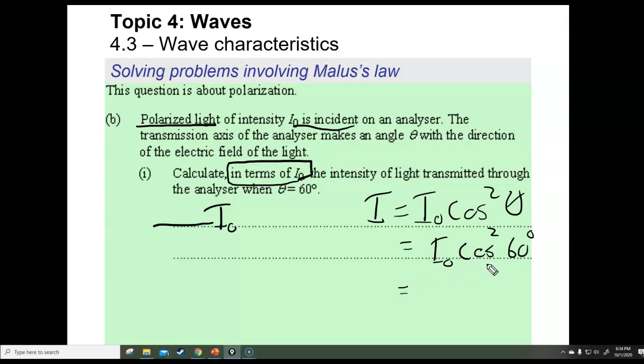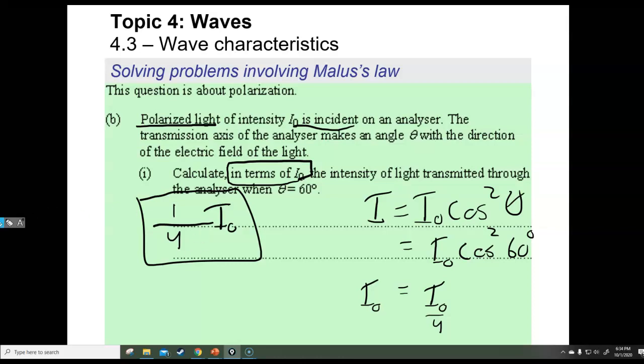If you do cosine squared, 1/2 squared is 1/4. And so I would be I naught over 4. So this would be the answer to the question. Because it says in terms of I naught, the answer is not 1/4, it's 1/4 times I naught. A really easy Malus's law question. Pause it there if you need to look at that.